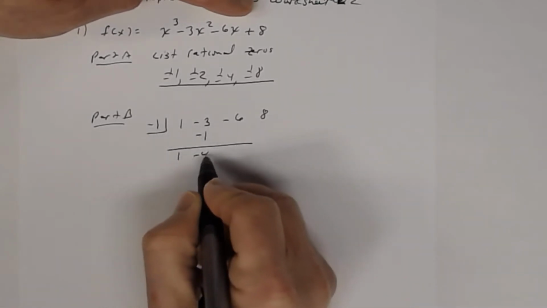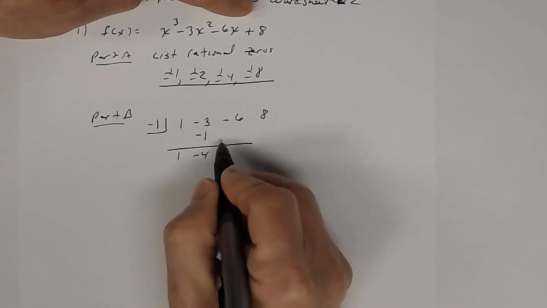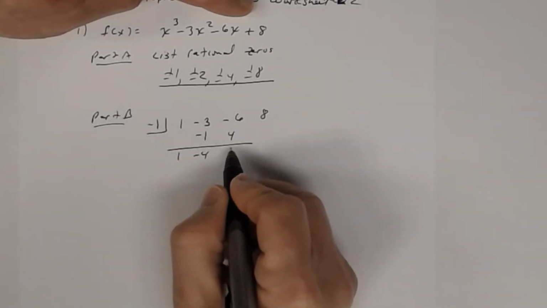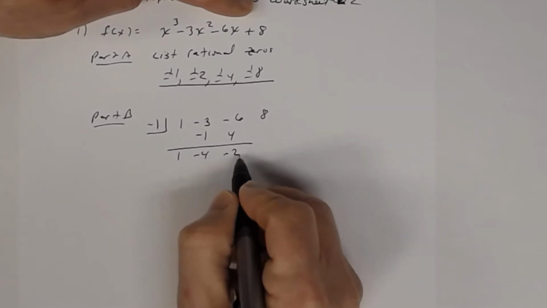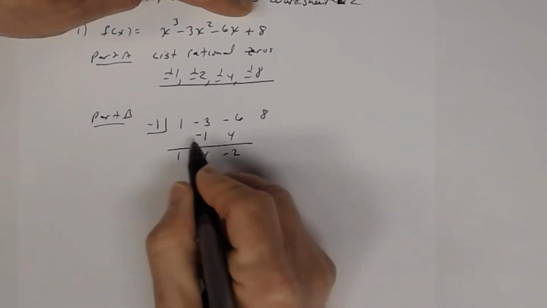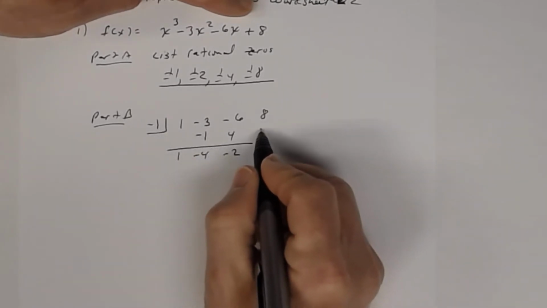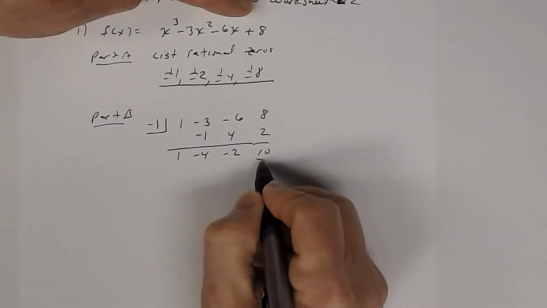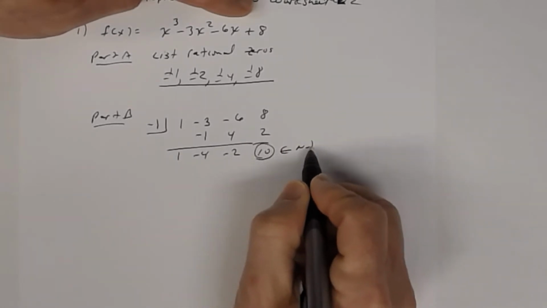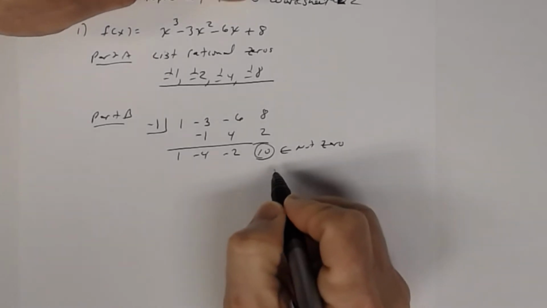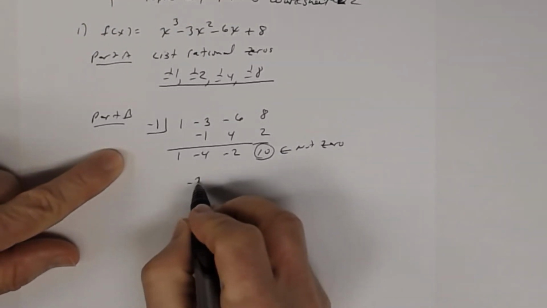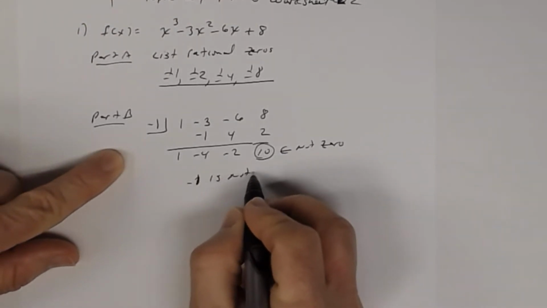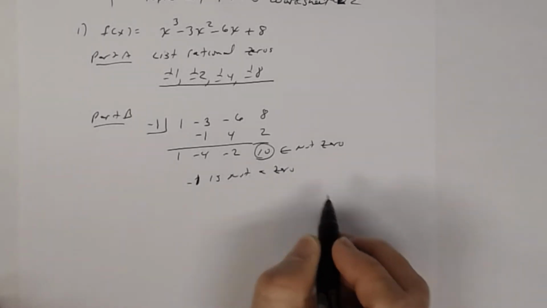Multiply: -1 times -4 is +4. Add: -6 and 4 is -2. Multiply: -1 times -2 is +2. Add, and you get 10. Notice that this is not 0. Since it's not 0, -1 is not a zero. So you've got to try something else.